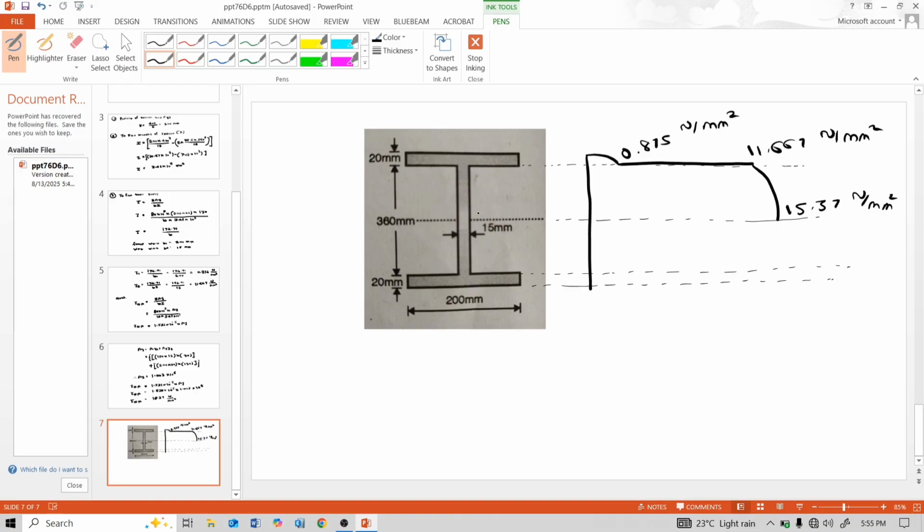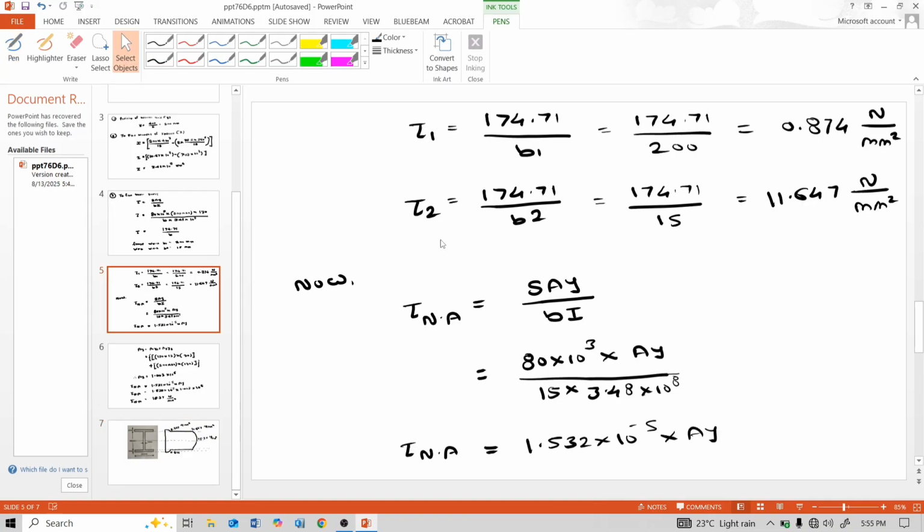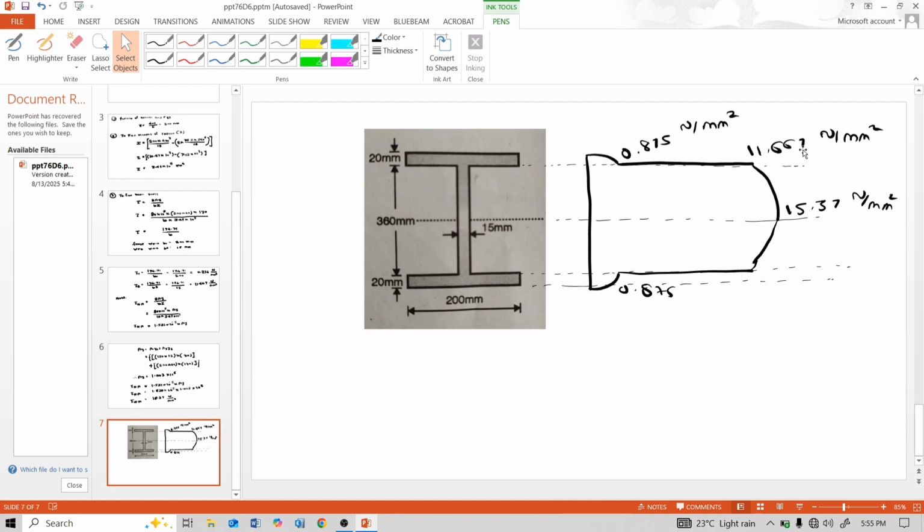And below this neutral axis there is symmetry in the I section, so shear stresses are the same. Our value is 0.874 or 0.875, which is equal, and 11.64 is 11.667, which is equal.